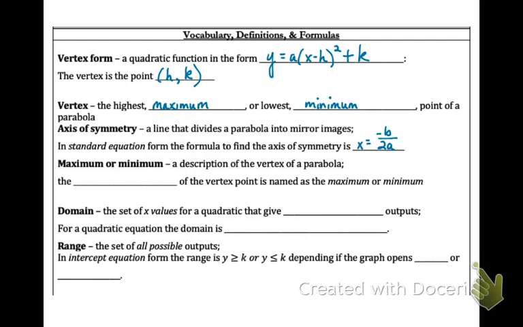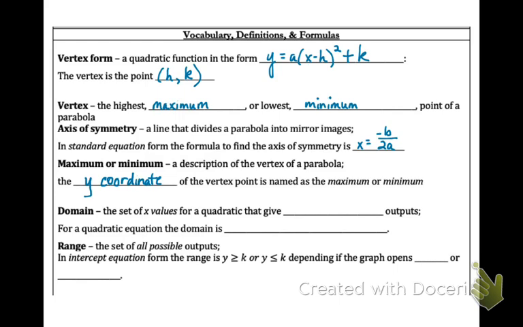With a maximum or a minimum, we use this as a description of the vertex of a parabola. And then in particular, the y-coordinate of the vertex point is called the actual maximum or minimum.